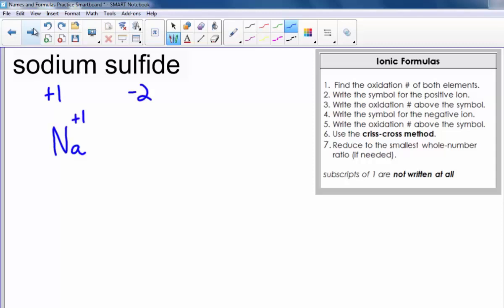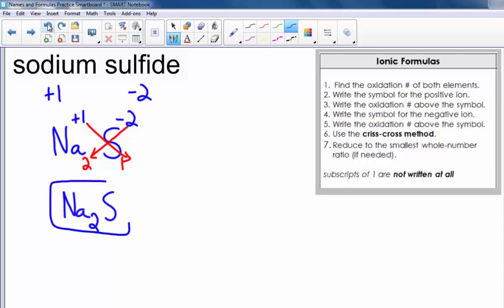And then we're going to write the symbol for the negative element, and that's S for sulfur, and we'll put its charge up here. Now for the crisscross method, I'm just going to bring those charges down, but I'm going to leave off the positive and negative and write a 1 and a 2 just like that. And so I can reduce that down to the whole number ratio, but really it already was a 2:1 ratio. And so that'd be Na2S, and that's the final answer.